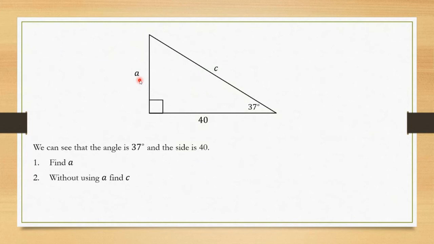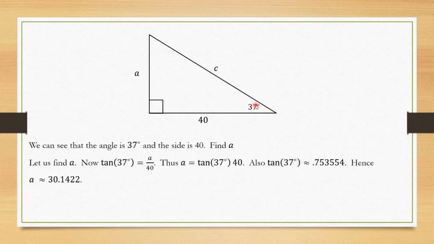So we're dealing with opposite and adjacent. What trig function comes into play? Tangent. Tangent of 37 degrees is opposite over adjacent.